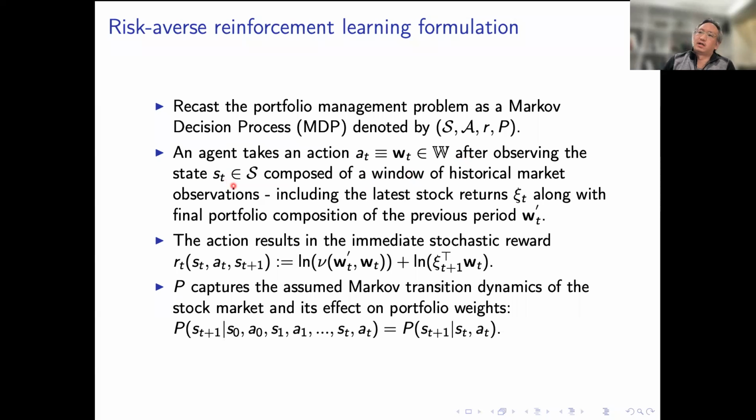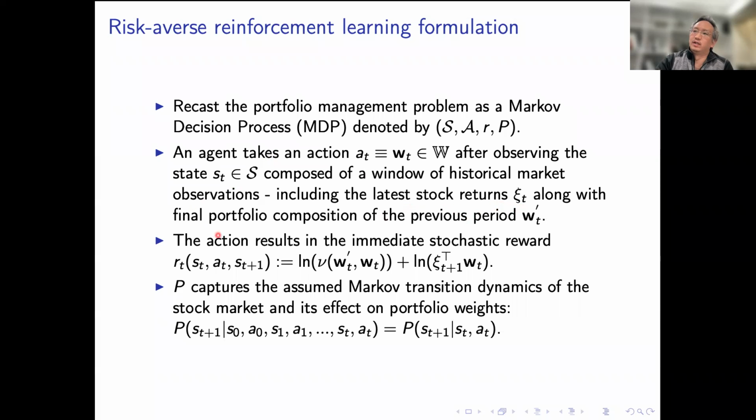Now the state in our problem is a high dimensional vector space, because we are essentially considering the state to be a time window of historical market observations, including in our example the latest stock returns.